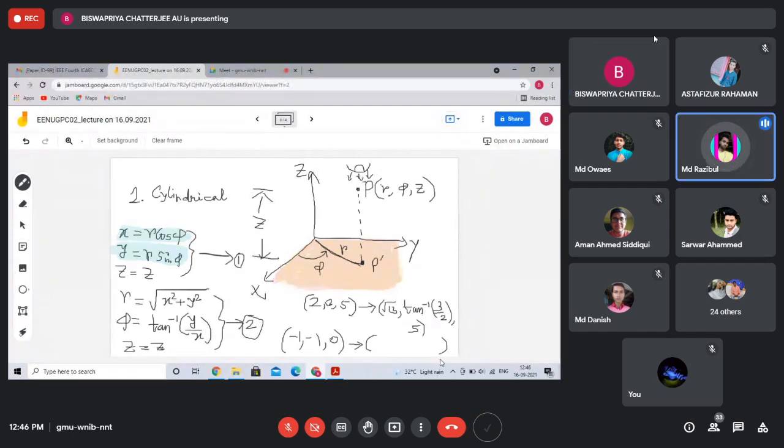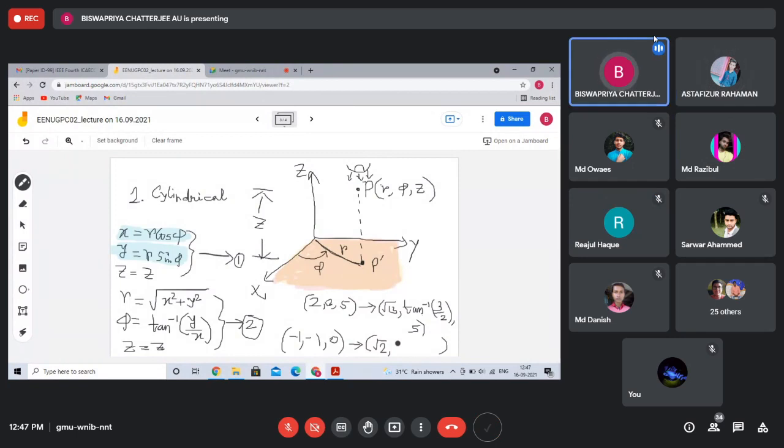Sir, R equal to √2. Then phi. Phi equals tan inverse 1.